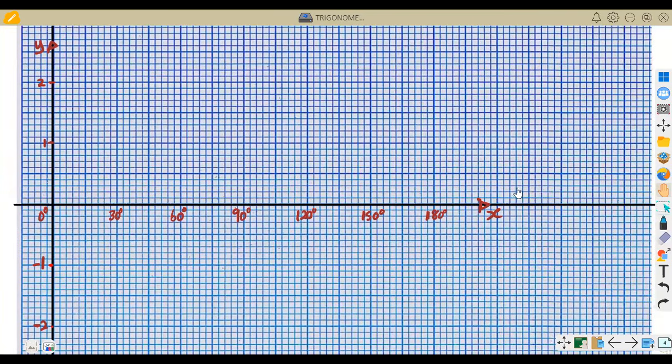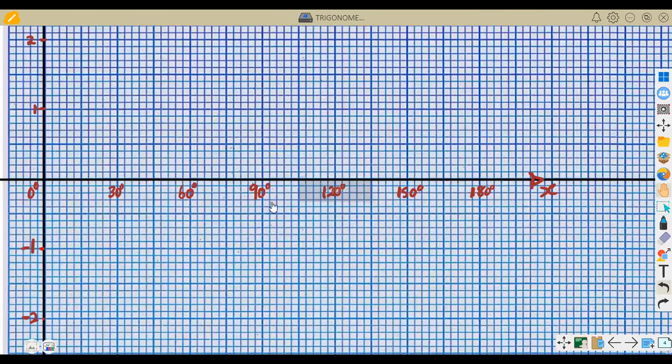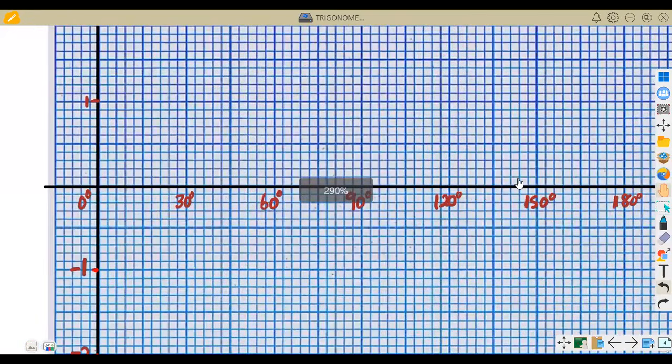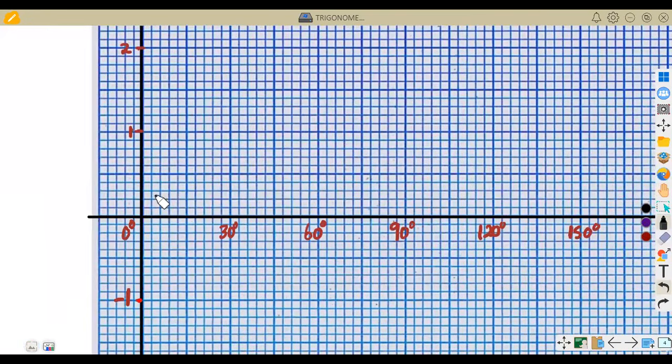So on our graph here, just like the previous part, but this time I try to separate. It's no longer directly the same. If you check our angles here, they are now using 10 boxes to represent 30 degrees. Maybe your 30 degrees is at this point. It's fine. You say 30, 60, 90, 180 up. It's going to be fine, but it was just going to be too close.